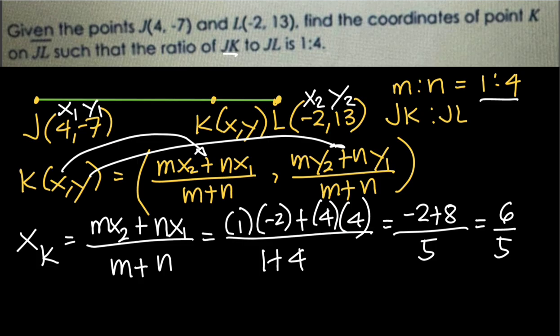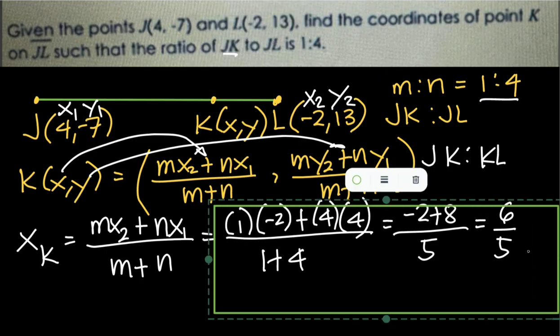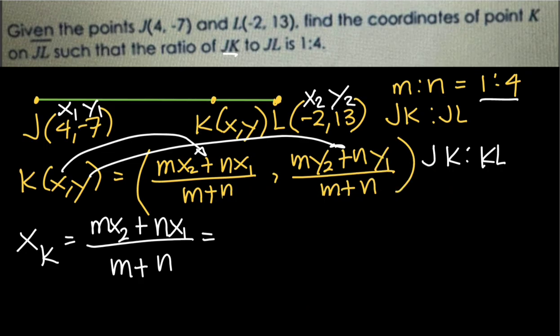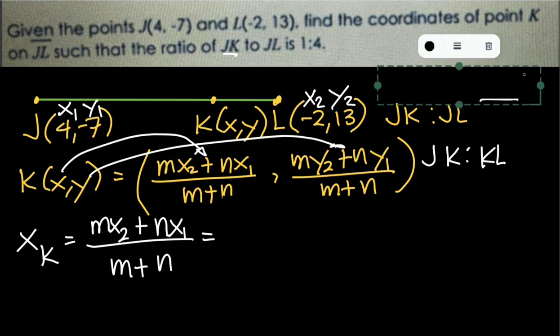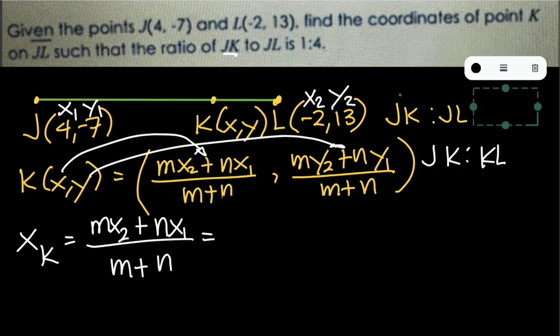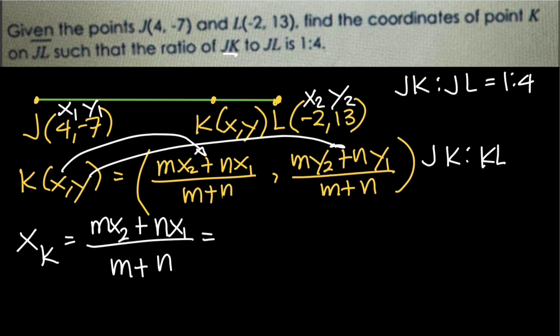So that means point K is 1/4 of the way from J to L. Let me change this, because the given ratio here is not JK to KL. It's JK to JL.